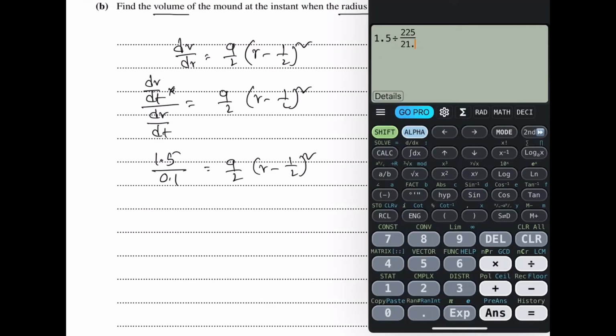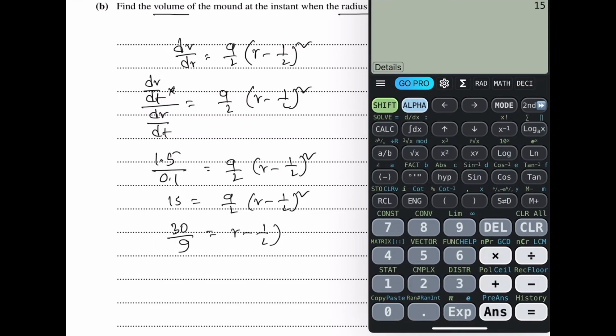1.5 divided by 0.1, so it is 15 equals 9 by 2 (r minus 1 by 2) whole square. So (r minus half) whole square will be 30 divided by 9. Taking the square root, the square root of 30 by 9 equals r minus half.